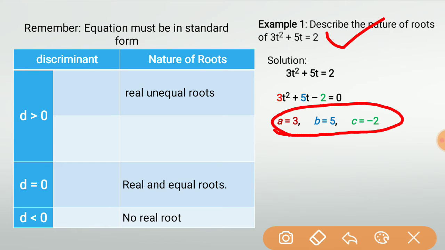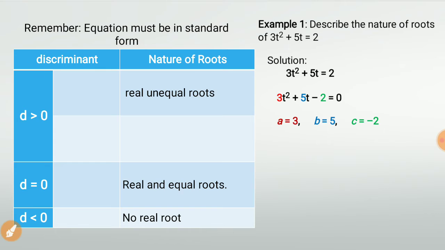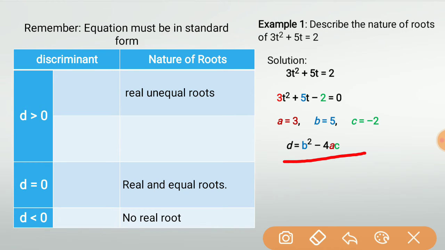After getting the values of A, B, C, I'll take my formula to find out the discriminant of the equation. The formula is D equals B square minus 4AC. This is the formula to find out the value of discriminant.